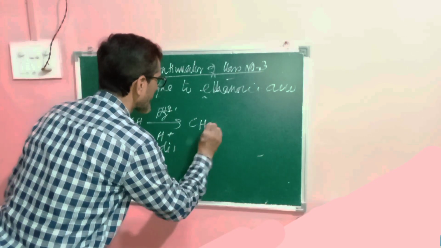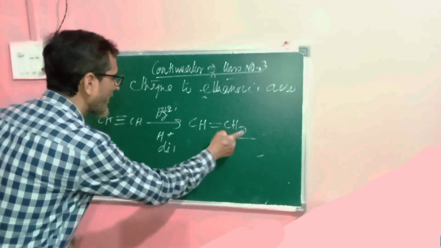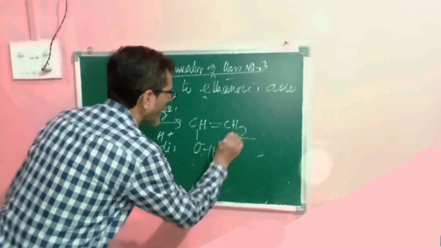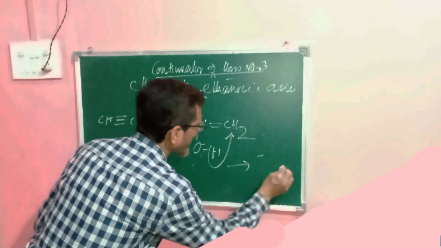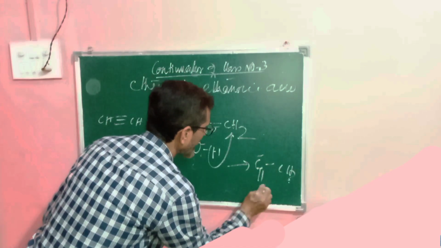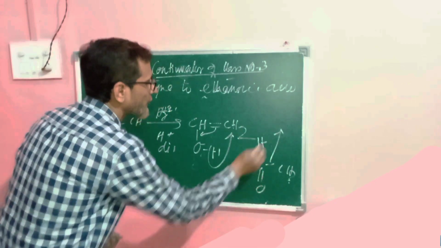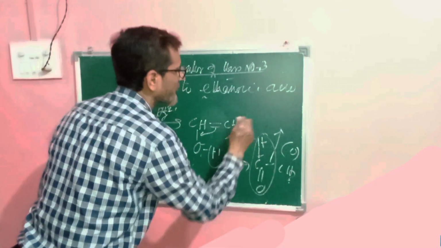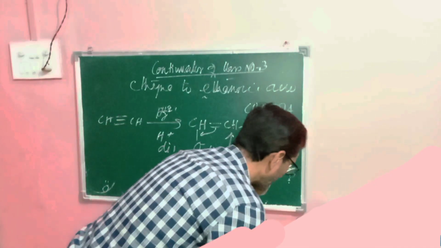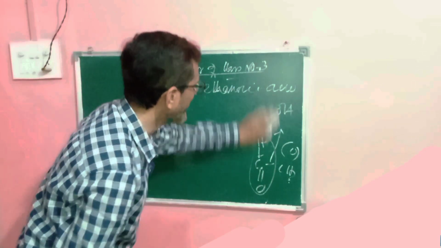You are getting CH double bond CH2, one hydrogen here and OH here. You are getting CH3, and this is O and this is H. CH3CHO on oxidation, this CHO becomes COOH. Very simple. So no scope to learn by heart, no way you can keep it in your mind, just follow the technique.